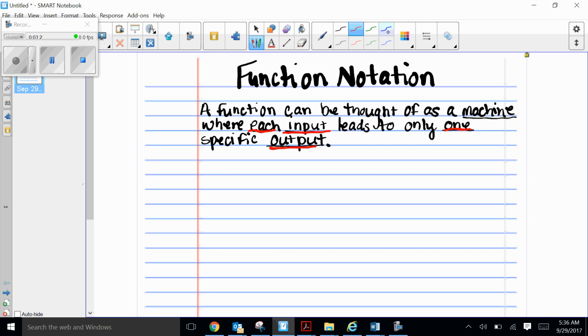So you've already looked at function notation a lot, but now we're just going to break it down a little bit more. So function notation looks like f of x equals, for example, 3x plus 4. So we've already talked about f of x is another way to write y.